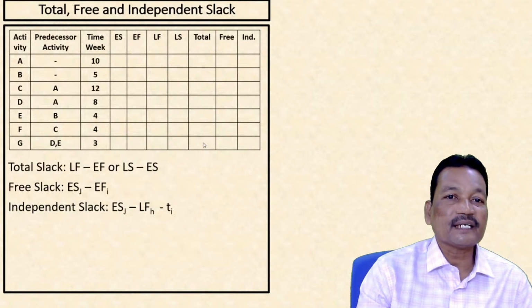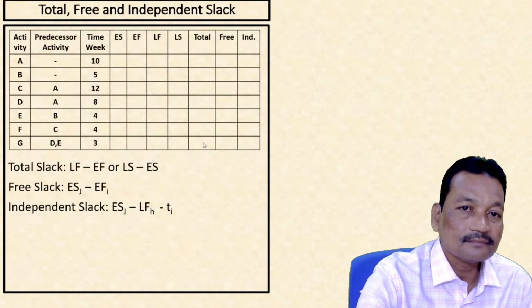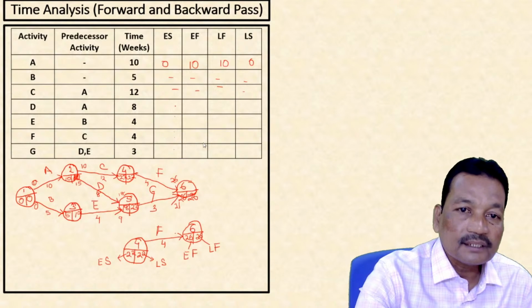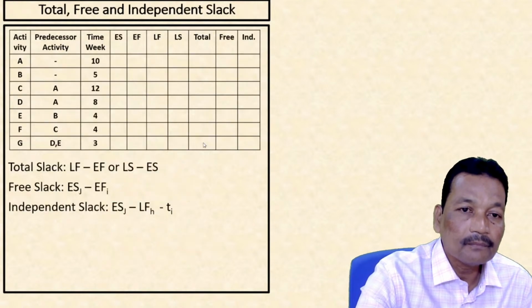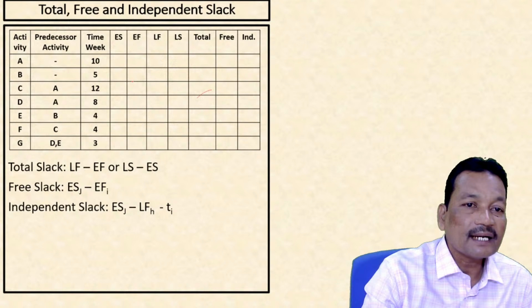Now we try to check for slacks. This table which we have filled up, we shall take and put the values here.